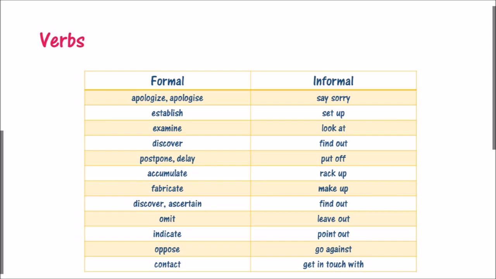It is better to use the word establish in comparison to set up. Then again, there is the example examine. Examine is more formal in comparison to the words look at. Then there is the example find out. So we can use the word discover, which is more formal over here.